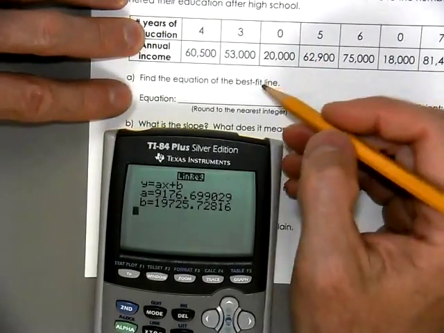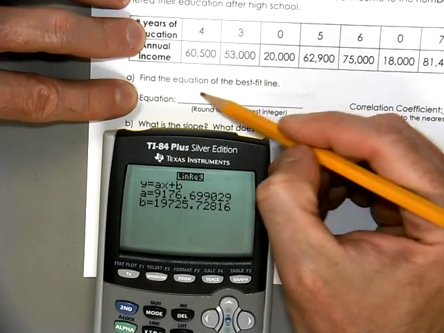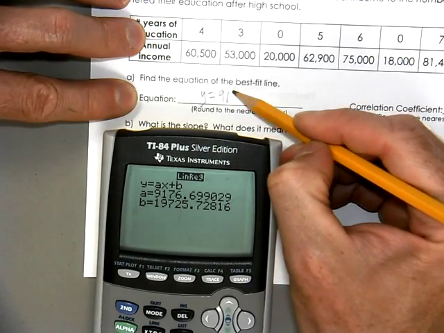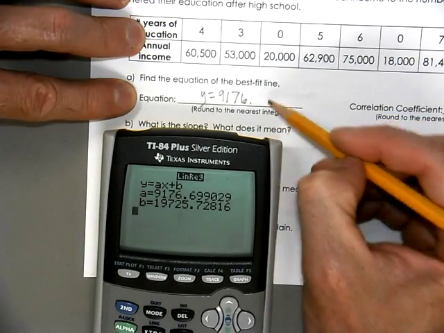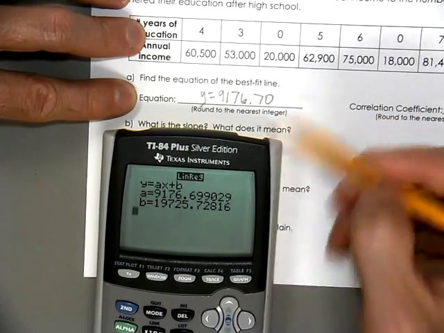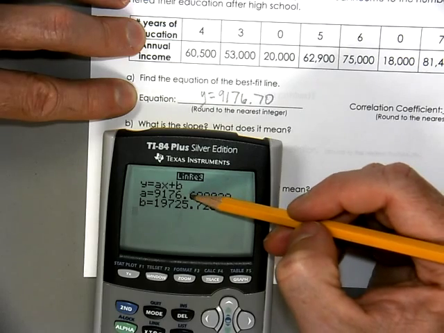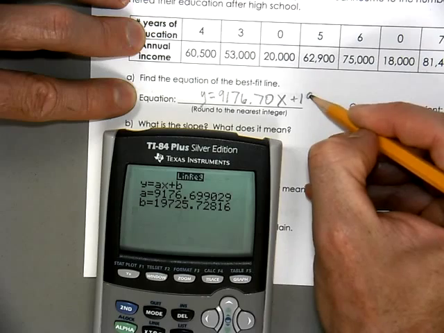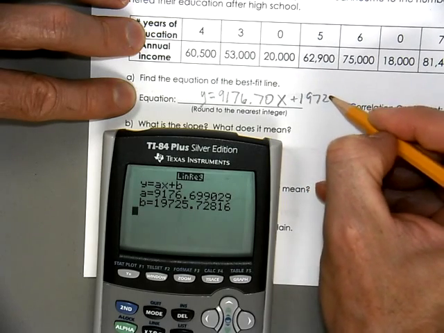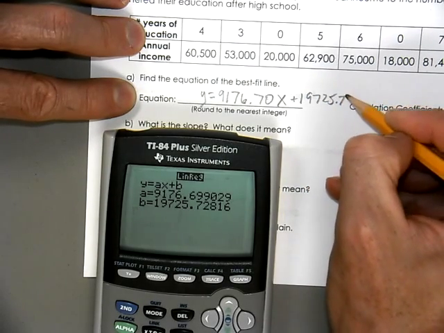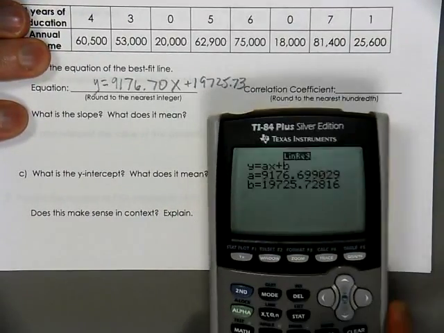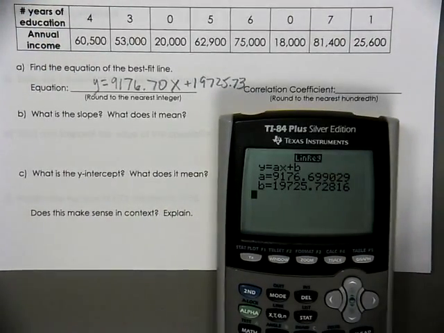And our equation is going to be y equals 9176.70 (if we were to round the 9, that would make the 6 a 7) x plus 19725.73. That's our equation.